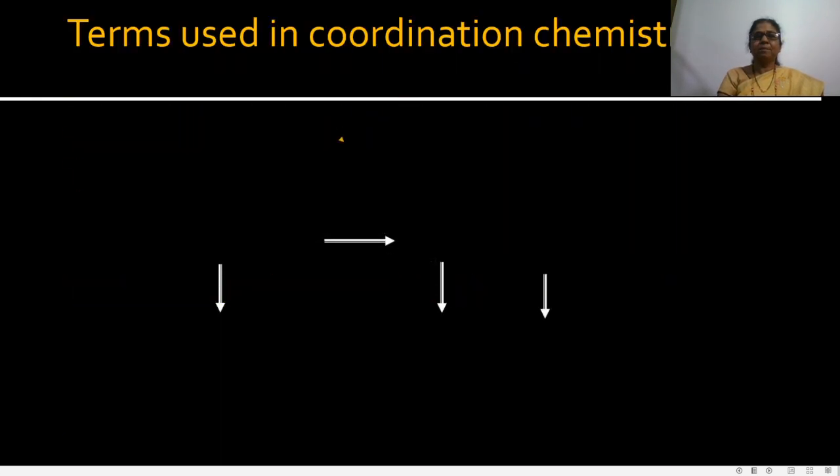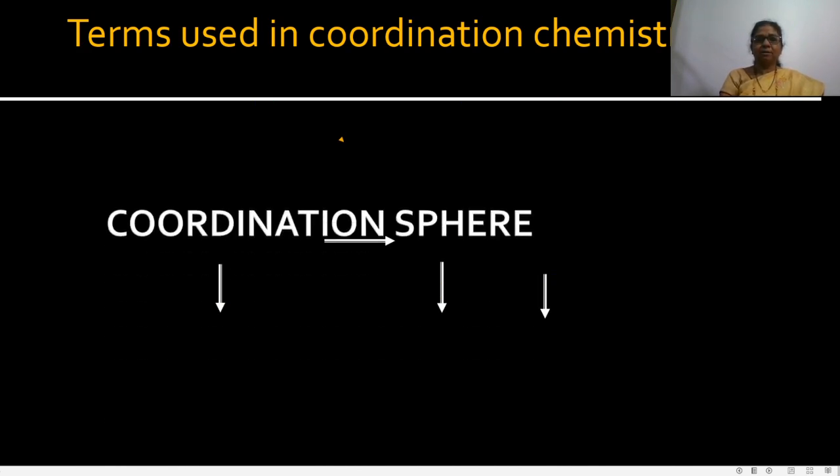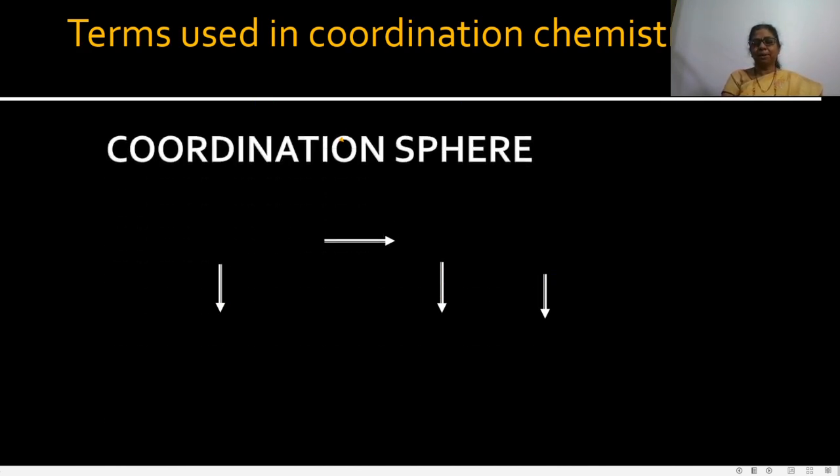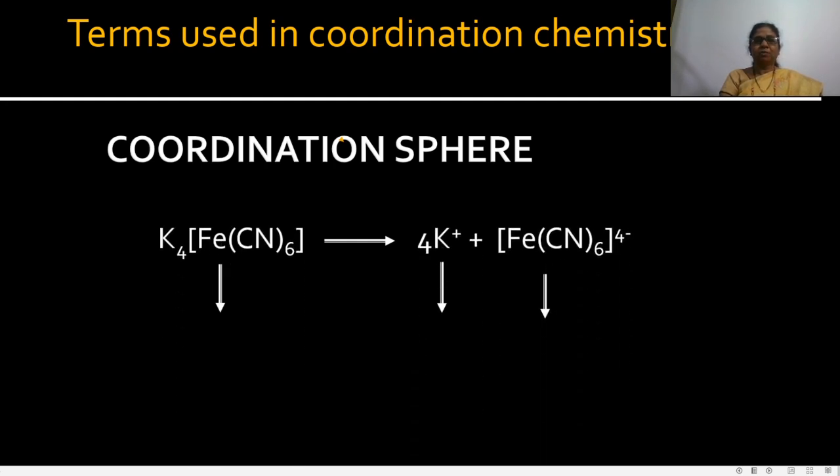Now see the terms used in coordination chemistry. The first is the coordination sphere. A coordination compound contains the central metal ion and ligands. For example, K4[Fe(CN)6], when dissociated, gives K plus and [Fe(CN)6] 4 minus.